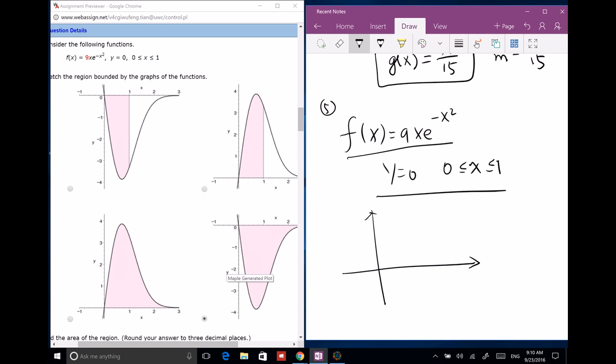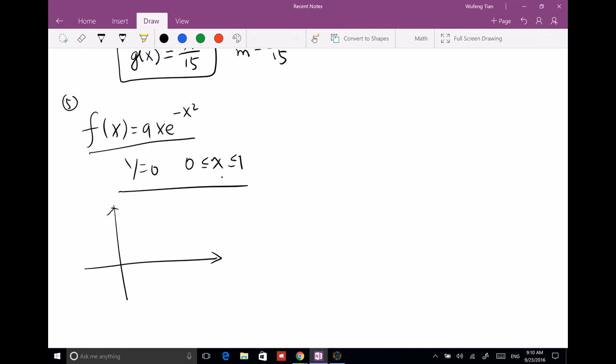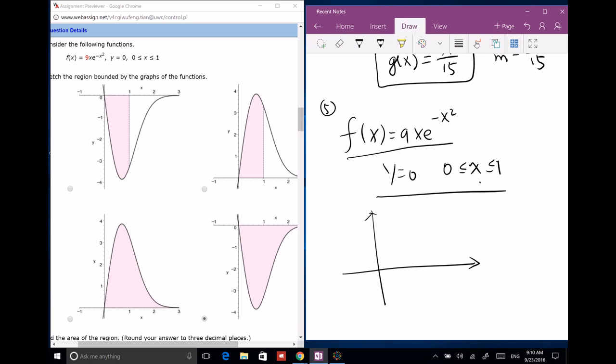First, x is positive. The whole thing should be for sure positive, because 9 is positive, x is positive, and the exponential function is always positive.